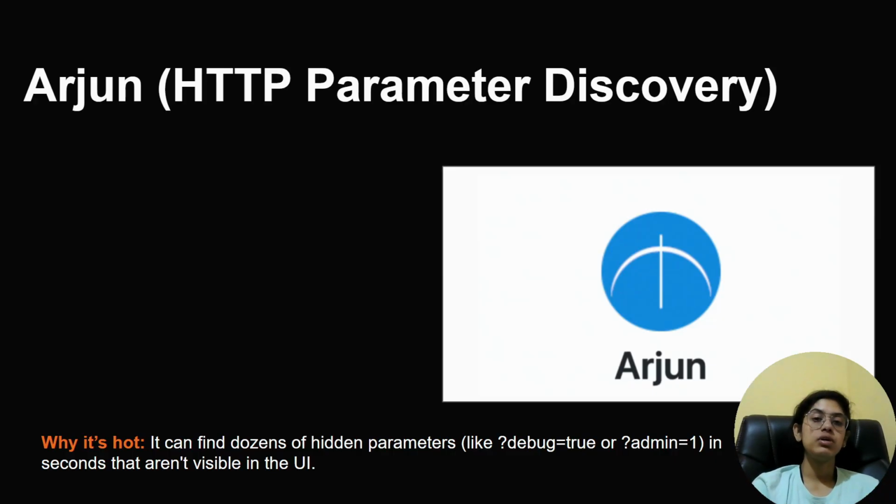Why do we need parameters? Just by discovering one parameter, we can try IDOR, SQL injection, XSS, RCE, command injection, etc. So parameter discovery plays a crucial role in manual hunting.